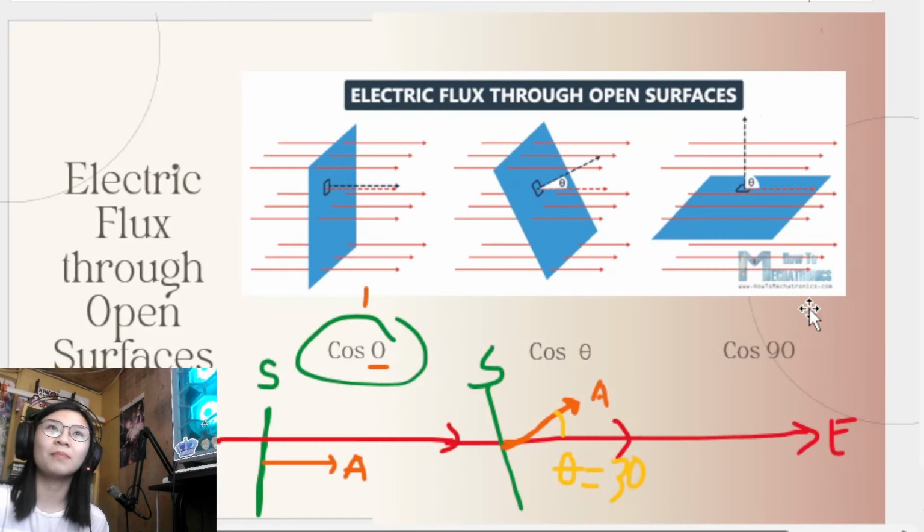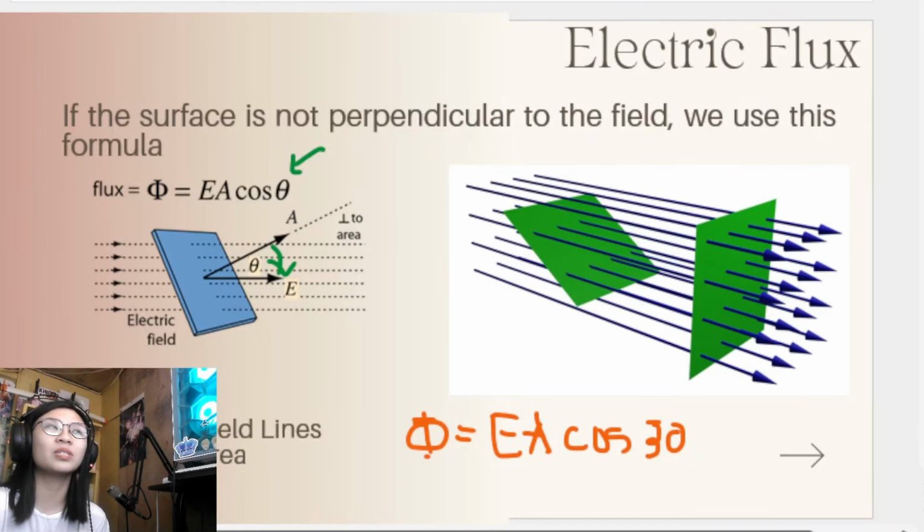So, that is why, pag mahimo na siyang 90 degrees ang ilahang theta, that is cosine 90. Cosine 90 is 0. Therefore, 0 multiplied by A and E, that is still 0.